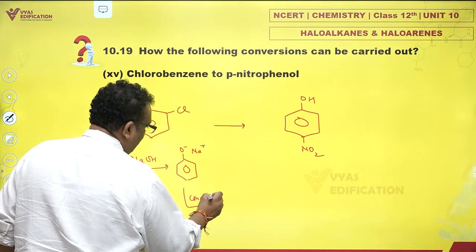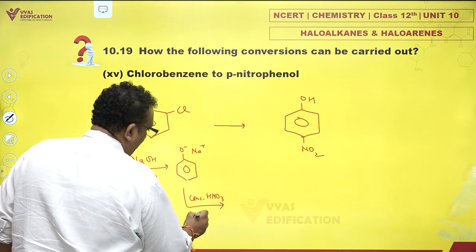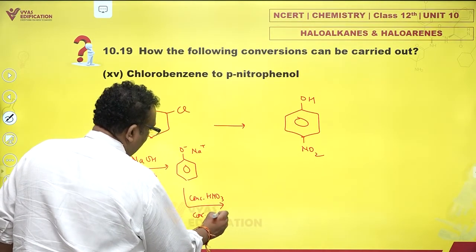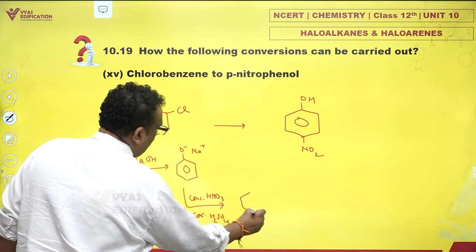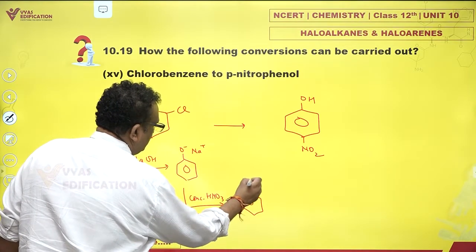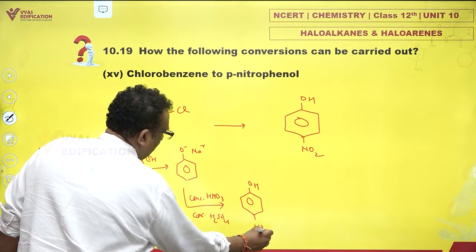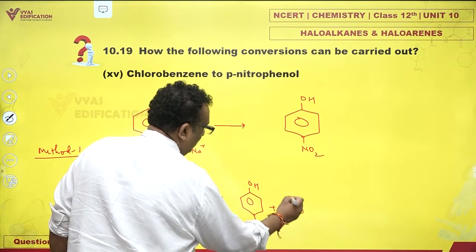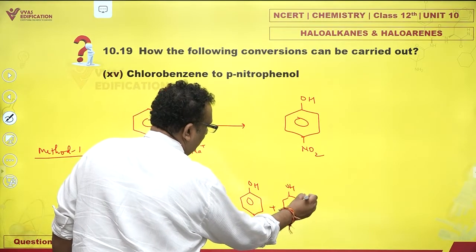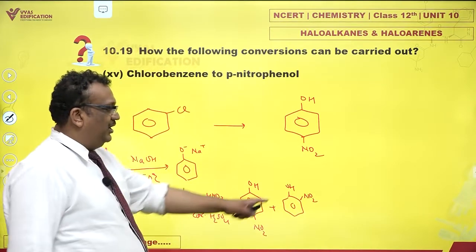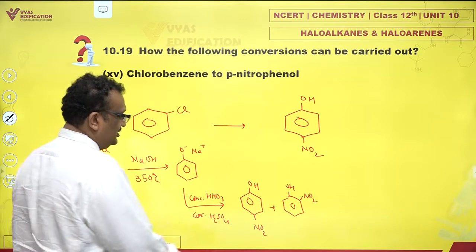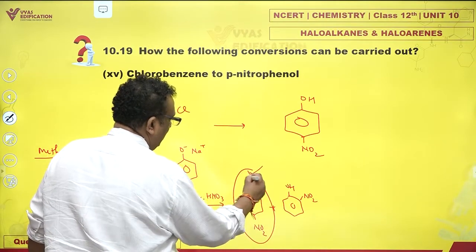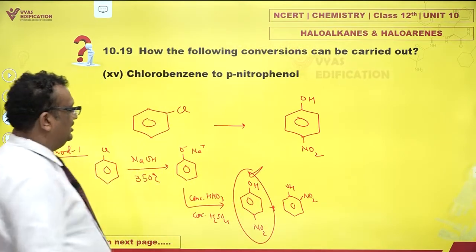Conc HNO3, Conc H2SO4. OH group is ortho-para-directing, so I get ortho-nitrophenol, OH NO2. Of course, I also get one more, para OH NO2. This is steam volatile, I can remove this, this remains, so I get this. They can be removed by distillation.